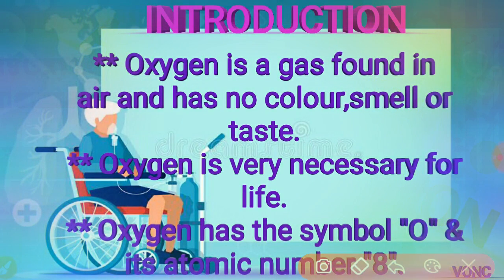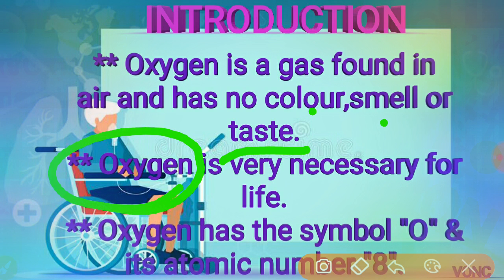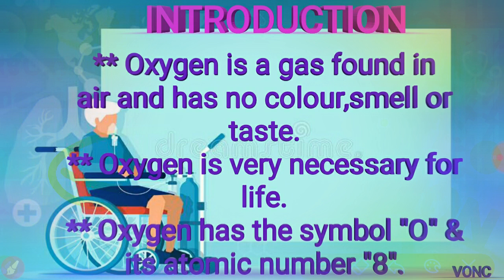See here the introduction of oxygen. We know that oxygen is generally a gas found in air, and it has no color, smell or taste. The human being is living by oxygen only, so oxygen is very necessary for human life.